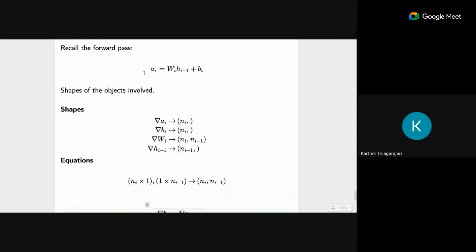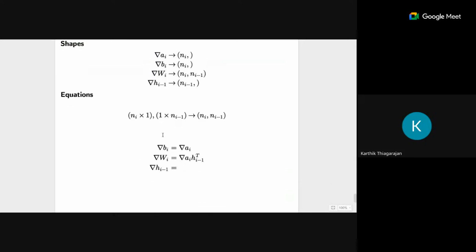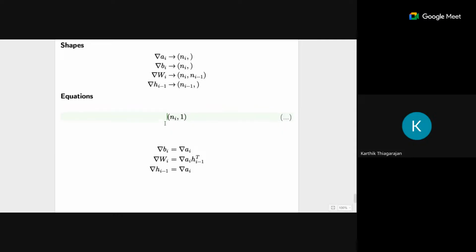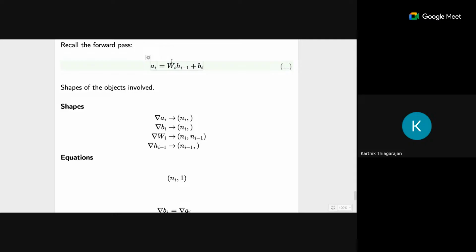Once again, what is already available to you? The gradient of a_i is available to you, right? So you start with that. That is already giving you N_i comma 1. There is another influence waiting here, which is W_i. So that is N_i comma N_{i-1}.